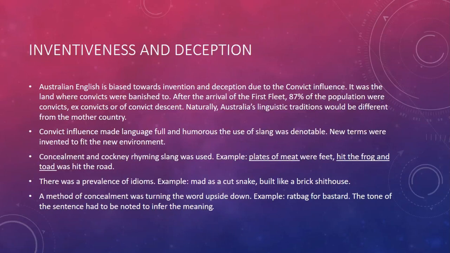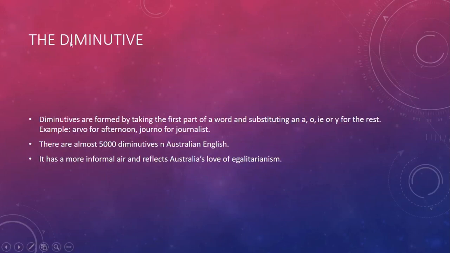So this is all about inventiveness and deception in Australian English. Another important feature of Australian English is the diminutive. So what are diminutives? Diminutives are when you take a long word and you actually shorten it. You take only the first part of a word and then you add an A, O, IE or Y for the rest.